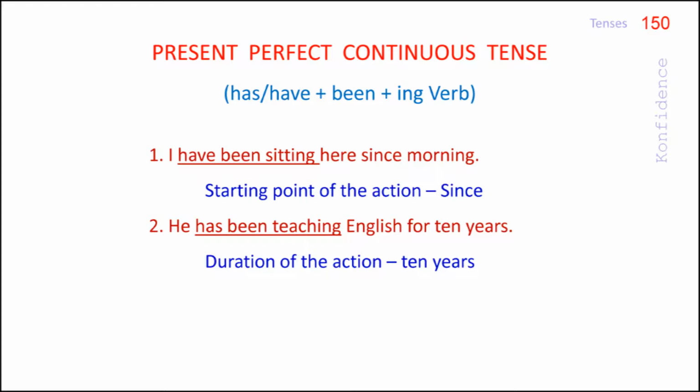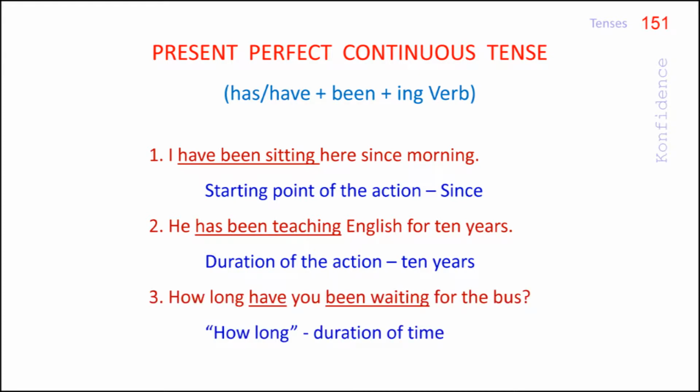The subject he started teaching 10 years ago, and he is still teaching in the present time. This idea is expressed with present perfect continuous tense, has been teaching. The third example is a question that starts with how long, which indicates duration of time. Hence, how long should be followed by a present perfect continuous tense.